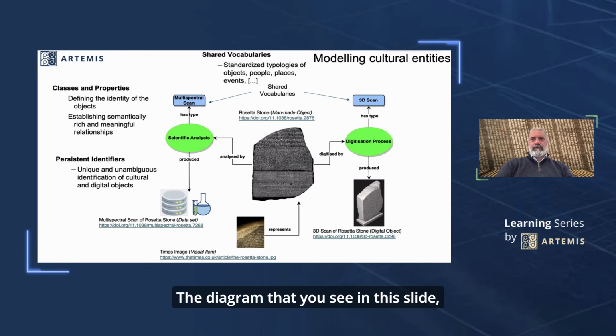The diagram that you see in this slide, for example, shows how this famous artifact, the Rosetta Stone, can be represented with the ontology as a physical object, a man-made artifact, and how it's also possible to describe the events in which this stele was involved.